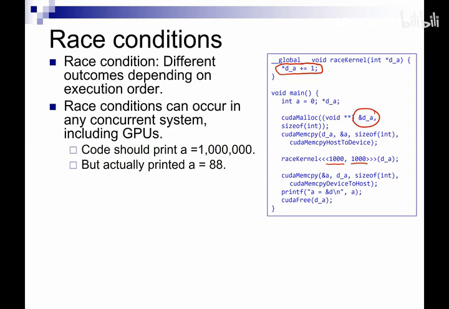And these smaller instructions can be interleaved in some strange way. Different interleavings can basically cause the value of DA to be overwritten instead of incremented. So when you run this, you could overwrite this value many, many times and only increment it 88 times. And that's why you get this incorrect answer at the end.